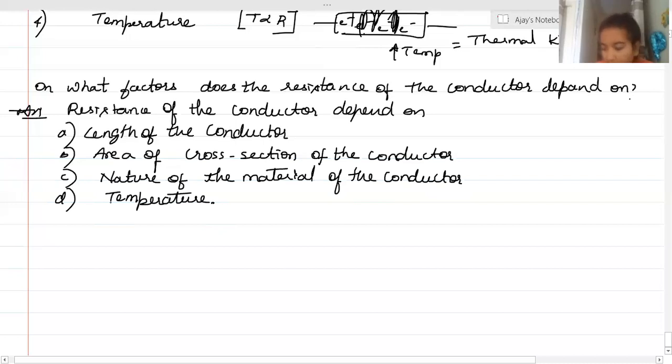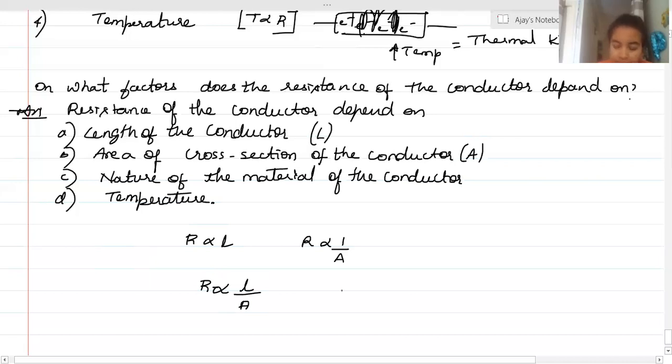So this is L, A, length of the conductor. By the above, we can write a formula. Resistance is directly proportional to L. Resistance is inversely proportional to 1 by A. Combining this, resistance is directly proportional to L and inversely proportional to A. To remove the proportionality constant, I can say R into A by L is a constant.